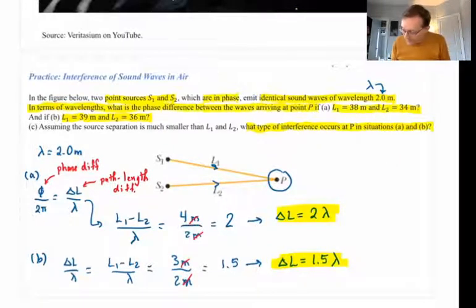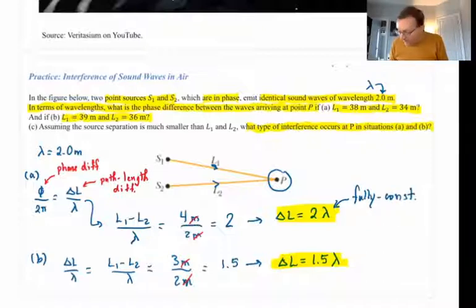Well, if the path length difference is an integer multiple of the wavelength, fully constructive interference. And if the path length difference is a half integer multiple of the wavelength, an odd half integer, like 3/2 lambda, fully destructive.